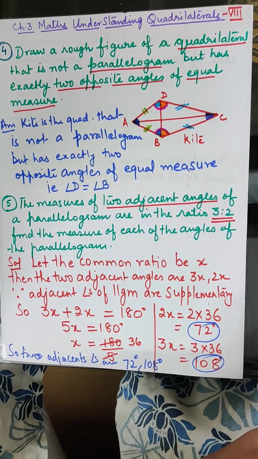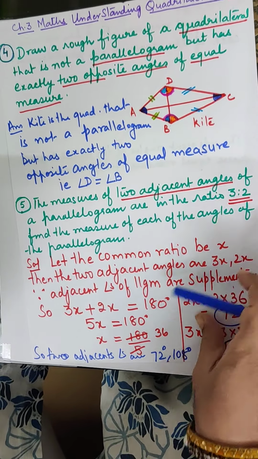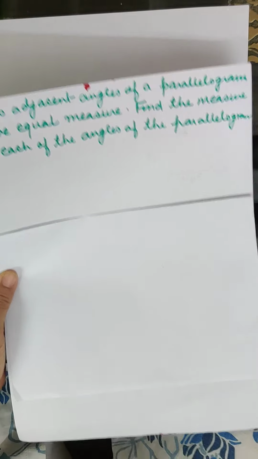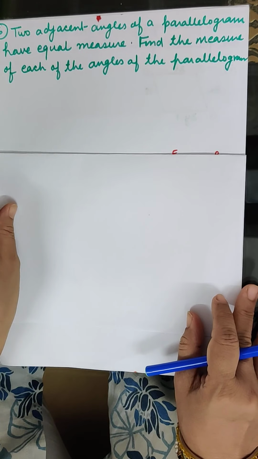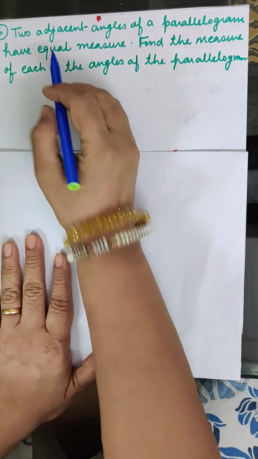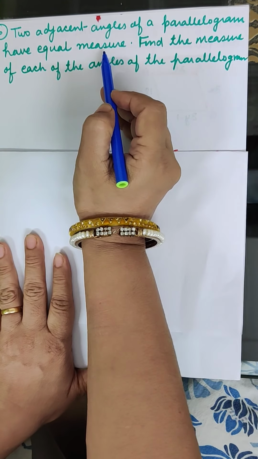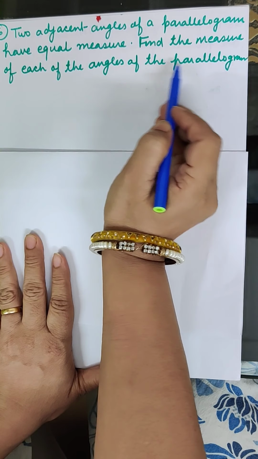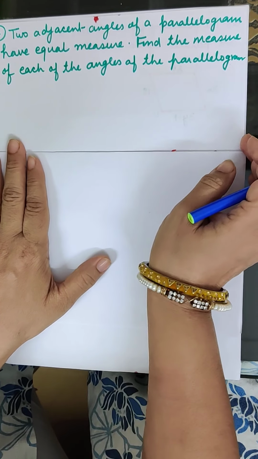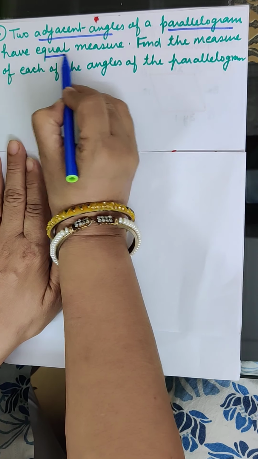Now coming to question number 6. The two adjacent angles of a parallelogram have equal measure. Find the measure of each of the angles of the parallelogram. Now it is given that the adjacent angles of the parallelogram have equal measure.